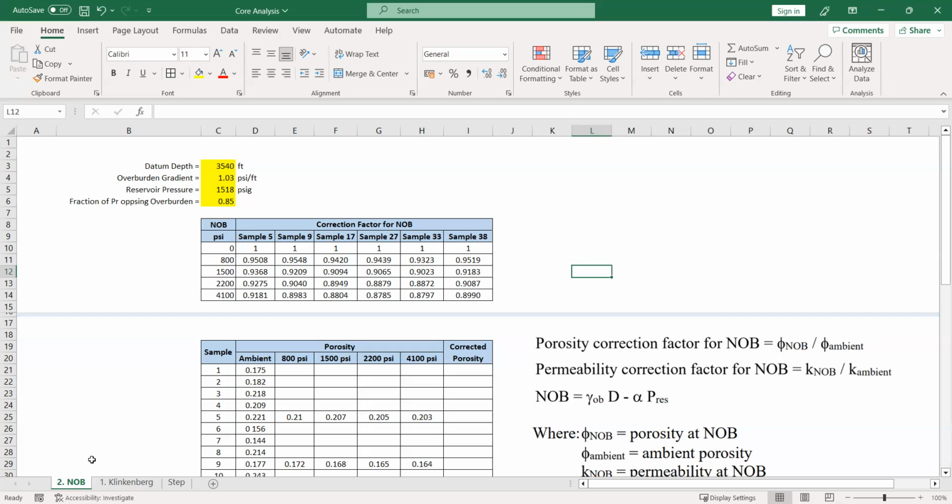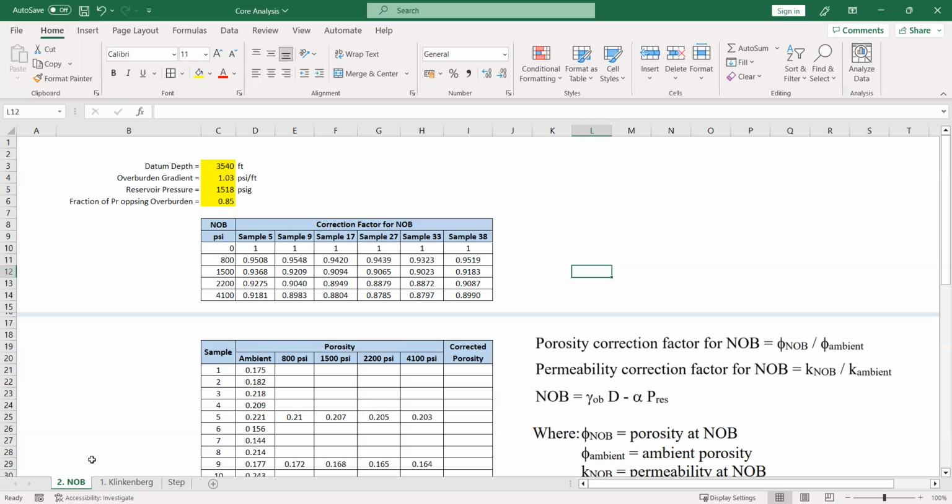Often laboratory porosity measurements are done at ambient conditions without applying adequate overburden stress on the core samples. This leads to erroneously high porosity and permeability values that should be corrected before using them in any reservoir engineering calculations, and of course in reservoir simulation.